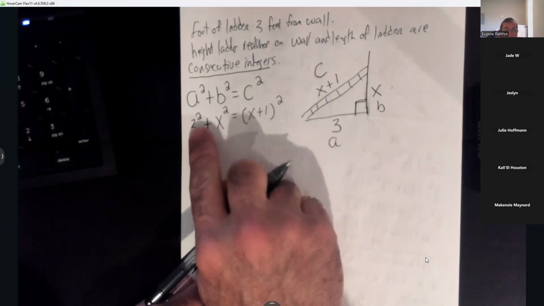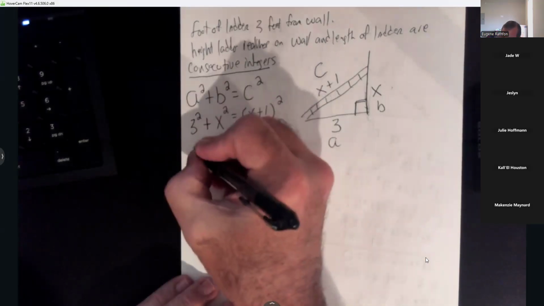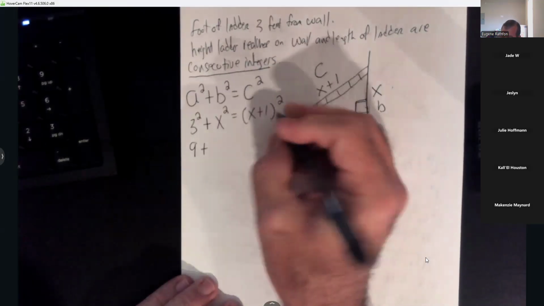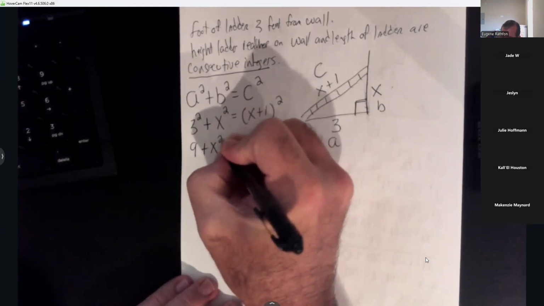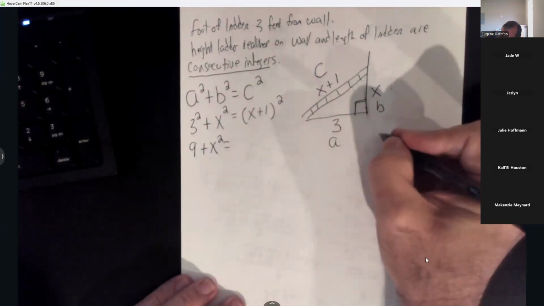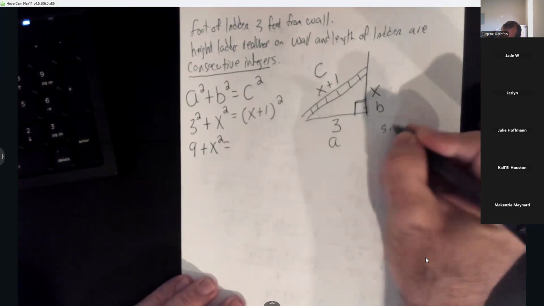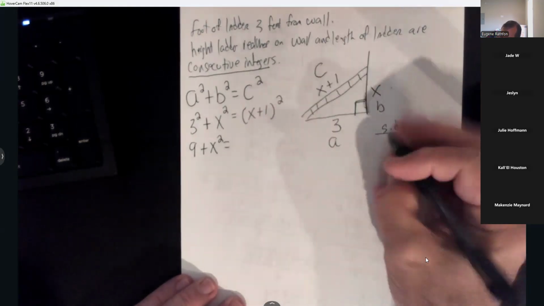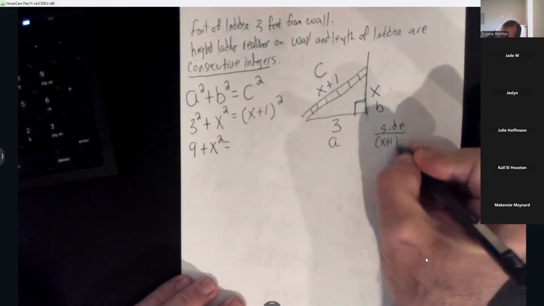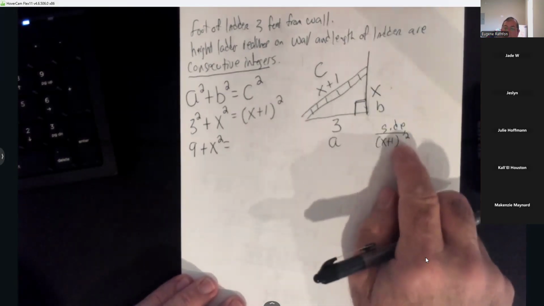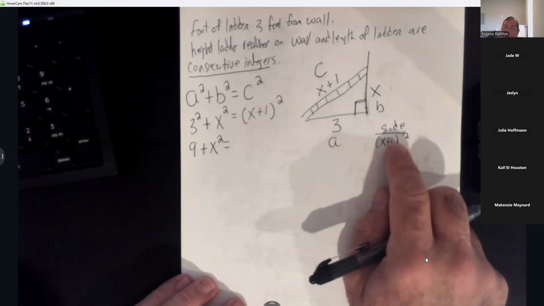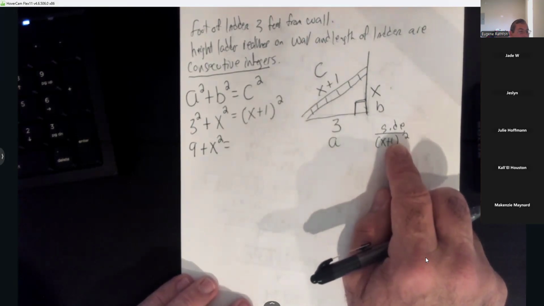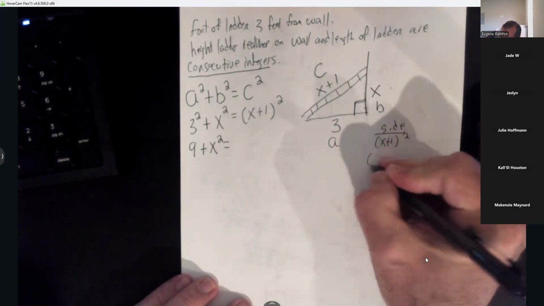Right, y'all, so let's break stuff out. 3 times 3 is 9, plus x squared, which I can't do anything with. But on the side, I have to figure out what x plus 1 squared is. We're all going to have an x plus 1 squared here. So we're going to FOIL that again.